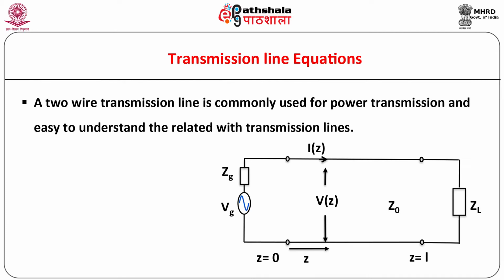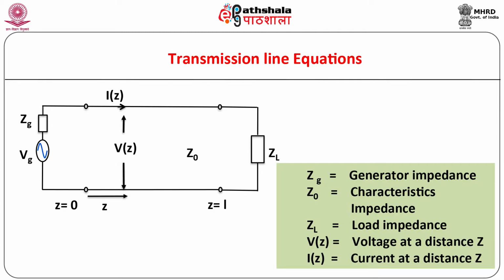A two-wire transmission line is commonly used for power transmission and it is easy to understand the related concepts associated with transmission lines. Hence, let us discuss the equations with reference to a two-wire transmission line. Consider a two-wire transmission line extended along the z-axis with generator at one of its end and the load at the other end as shown.